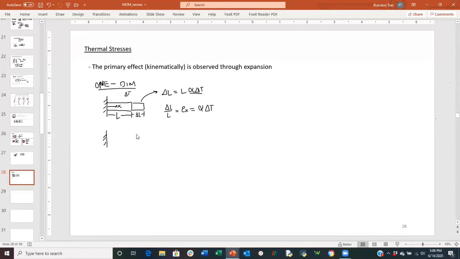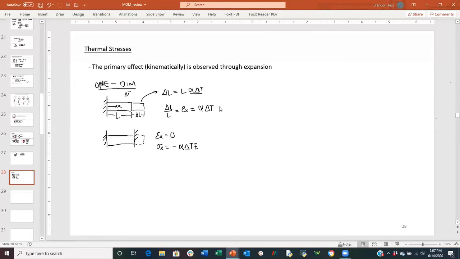So what would happen though? We have that same block that's fixed on one end, but the other end is also fixed too, so it can't expand like this. Well, it's simply now in compression, so that would mean, since there's no expansion, epsilon x is 0, there must be an internal stress, and that internal stress you'll find is negative, since it's a compression, alpha delta T times the Young's modulus from your mechanics of materials class.